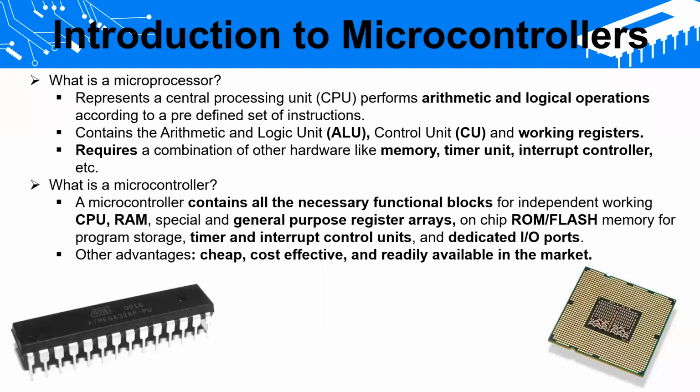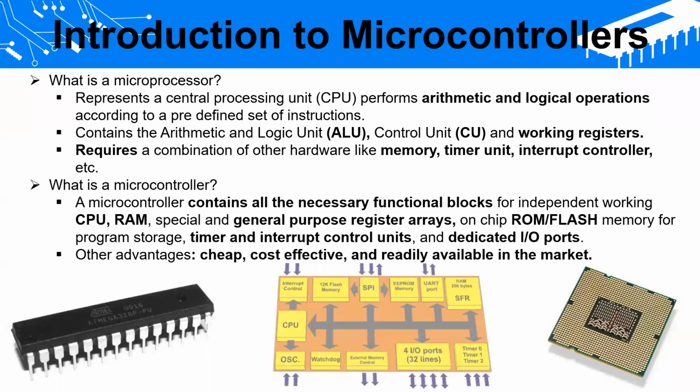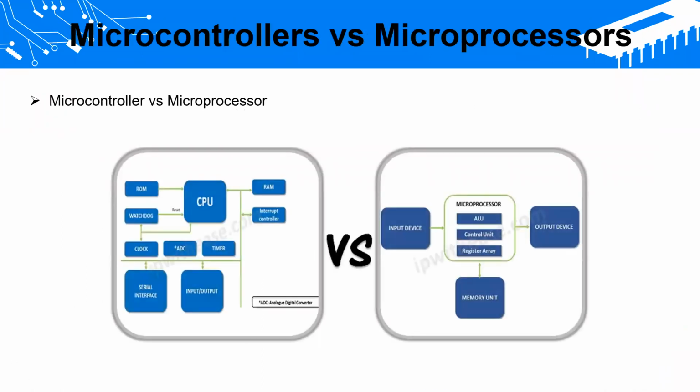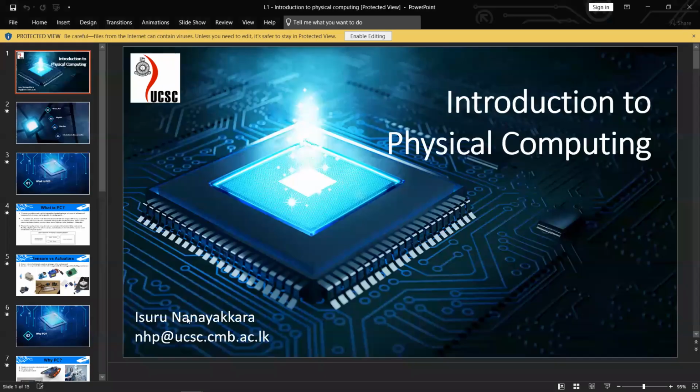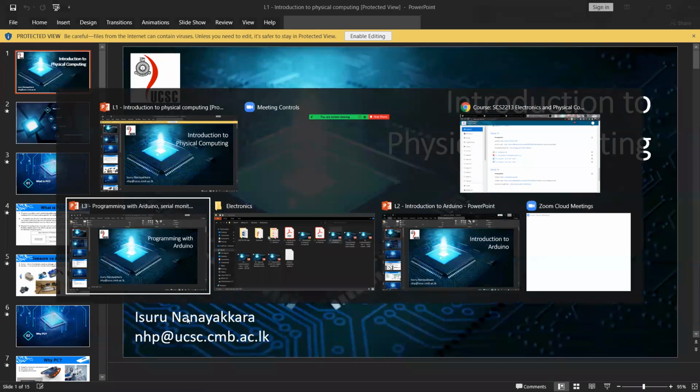If it needs IO ports, it has all the necessary things inside. If you compare the pricing with a microprocessor, it is very cheap. So that was the first part.